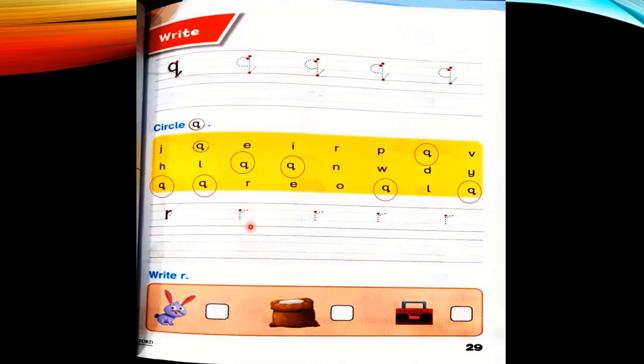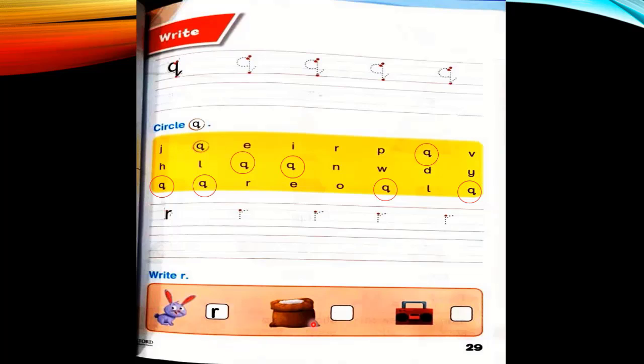Now let's trace r and write on the second line independently within the grass lines. And write r. What is this? Rabbit. Does it start with r? Yes. R, rabbit. So all of you will write r in the block.